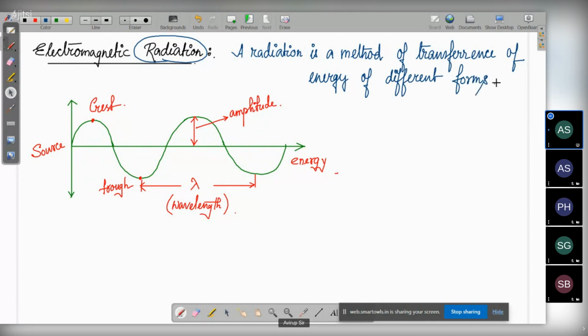That means it is a mode by which one form of energy is converted to another form of energy. That is our radiation.